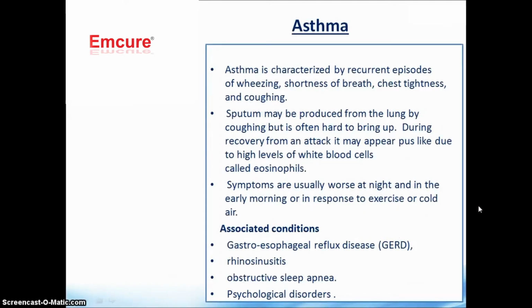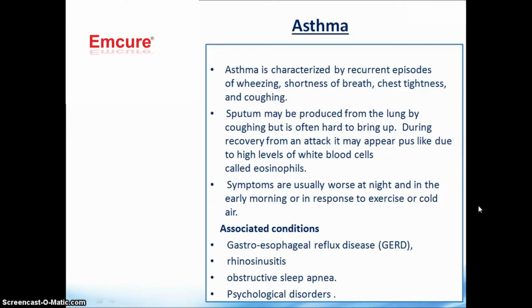Asthma has recurrent episodes of coughing, wheezing, shortness of breath, chest tightness. Sputum may be produced by the lungs by coughing, but it is often hard to bring up. During recovery from an attack, it may appear pus-like due to high levels of WBCs called eosinophils.